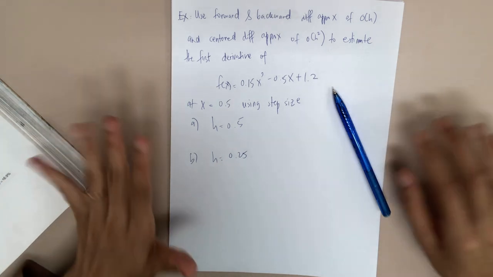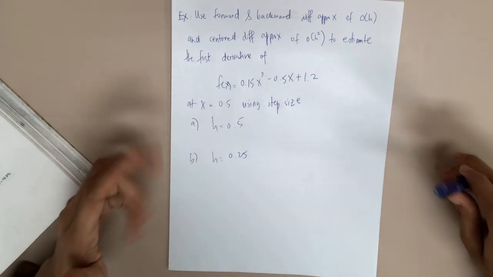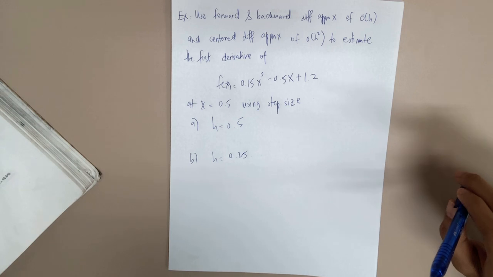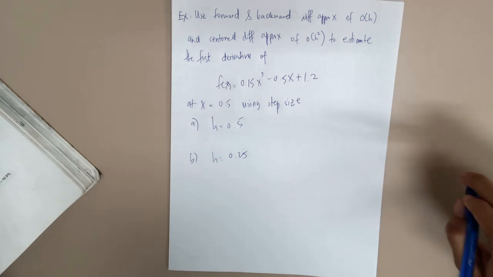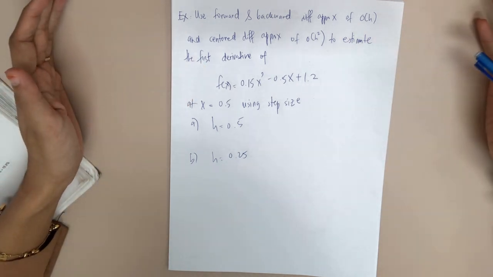But before that, you need to digest your question first. If you refer to the table that I asked you to fill out, they have two: the first derivative and also the second derivative.